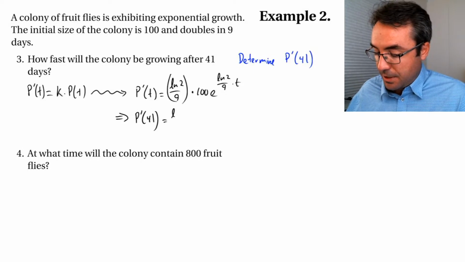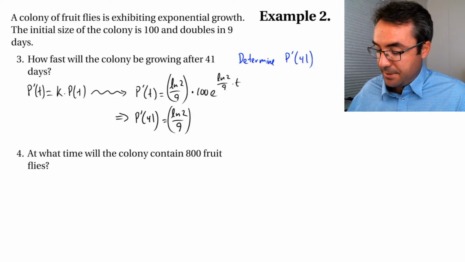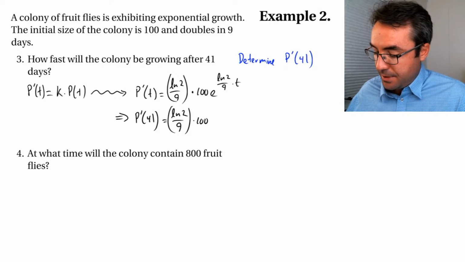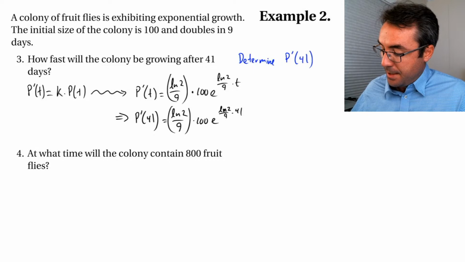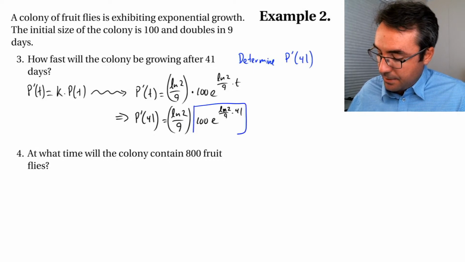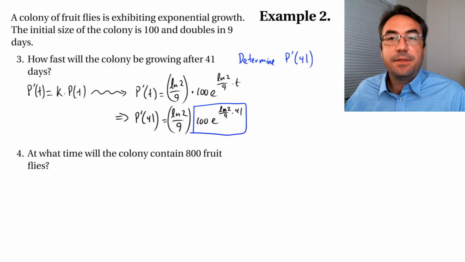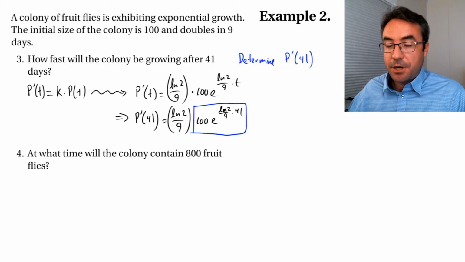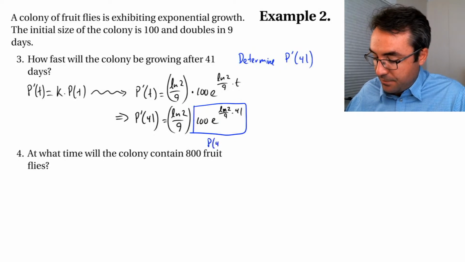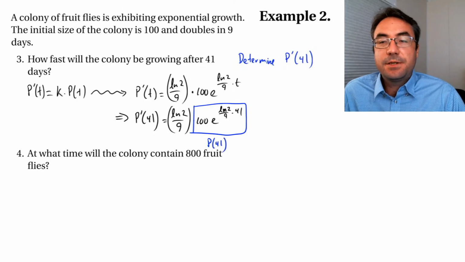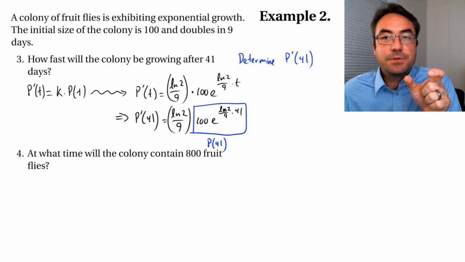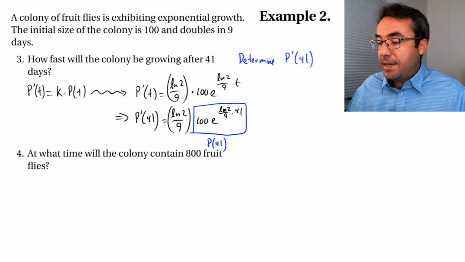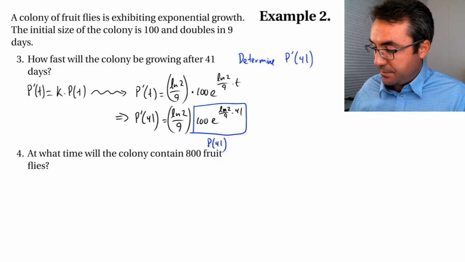So we get natural log 2 divided by 9 times 100 times e to the natural log 2 over 9 times 41. And this whole quantity here, we just calculated that in part 2. That's just our population at time 41. So basically what we're doing here is we're taking our previous result, the population at t equals 41, and just multiplying it by k, and that gives us our derivative.